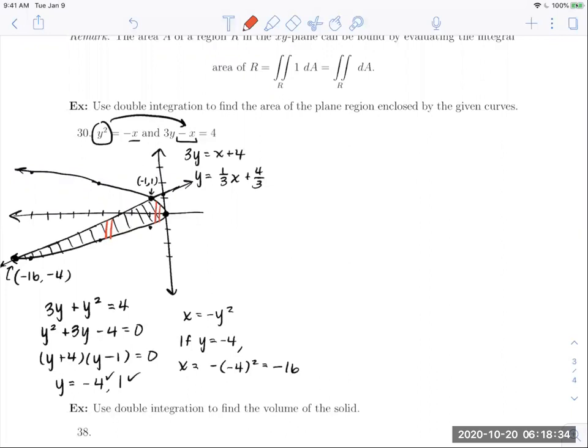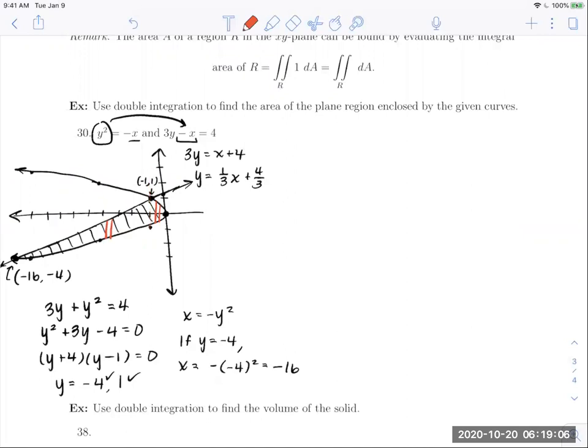Namely, it's that parabola on top and on bottom. So this is bad because if I was going to do my integral with vertical strips, I would have to break it up right here at this intersection, because my strips to the left of that big red line have a top boundary line of y equals 1/3 x plus 4/3 and a bottom boundary line of the parabola. And then on the other side, my upper and lower bounding curves change.